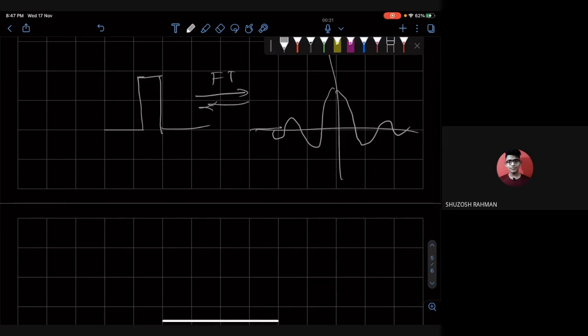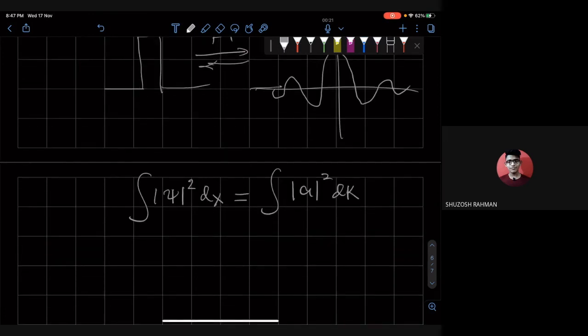And then we saw that this thing is equal to this thing. This is called Parseval's formula, and if you normalize it, it's equal to 1.